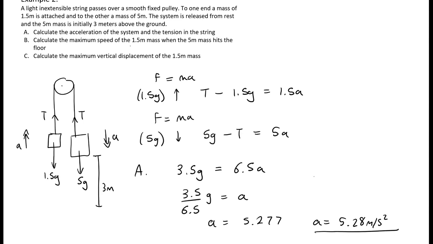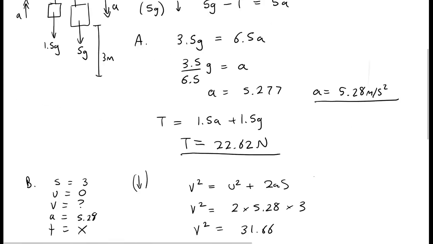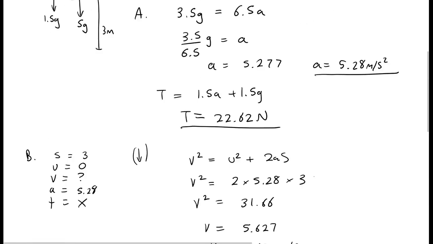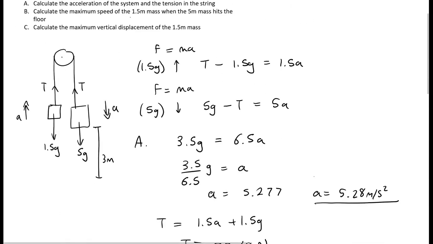Finally, calculate the maximum vertical displacement of the 1.5 m mass. That's part C. So again, this is also a SUVAT question. We can tell this because it says the max, it refers to the displacement.